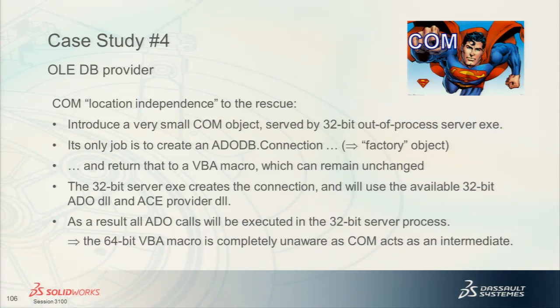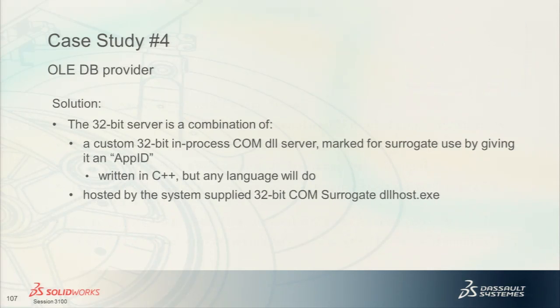So what will happen then is that all the ADO calls will actually be executed in the 32-bit server process. And your macro, again, is completely unaware of that. Okay. So, and COM sits in between. So let's see what that looks like.